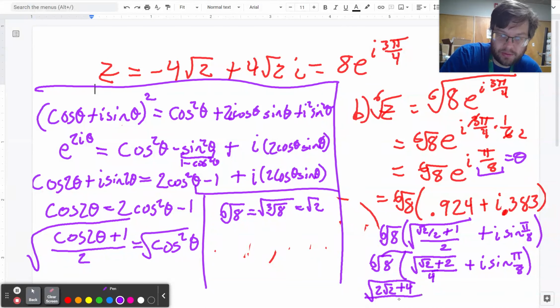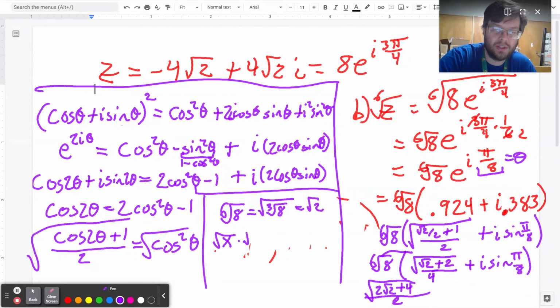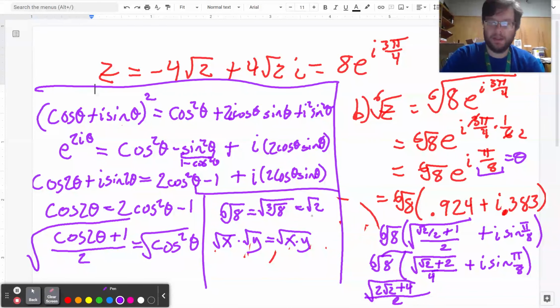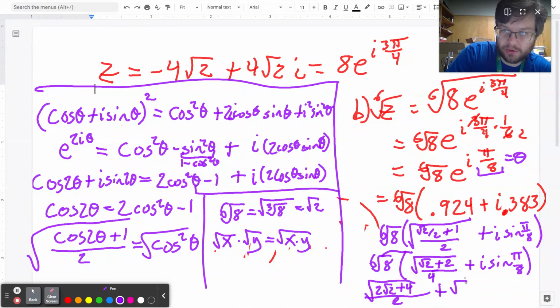And then the square root of 4 on the bottom is 2. So basically what I'm doing here is if you have the square root of x times the square root of y, that's the square root of x times y. Okay, great. And then I have over here the square root of 2 i sine of pi over 8.